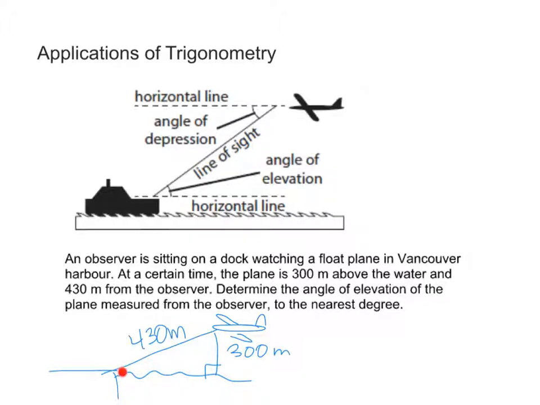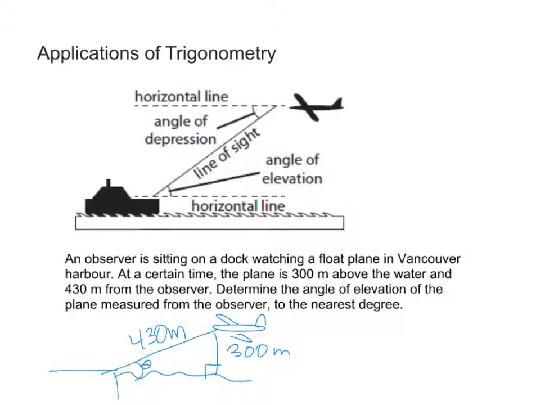Right. Angle of elevation is when you're looking up at something and it's measured from the horizontal. So the water is the horizontal, and this hypotenuse is the line of sight to the airplane. We're just trying to find this angle, I'll call it theta. Now it's just a basic question like we've been doing.